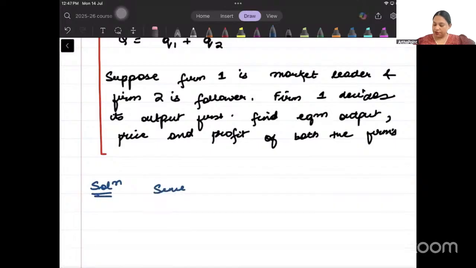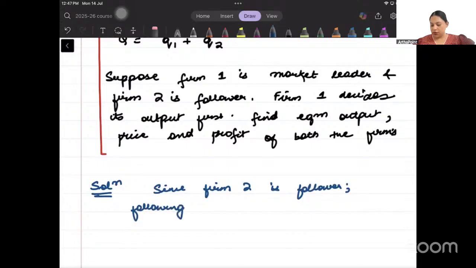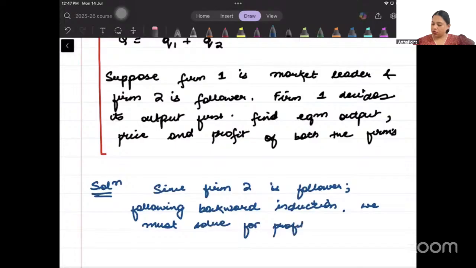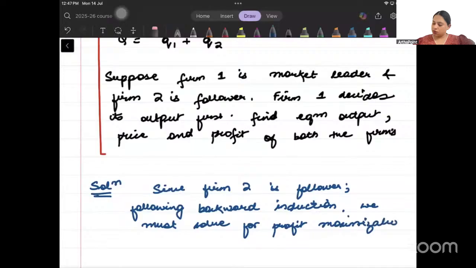Since firm 2 is follower, following backward induction, we must solve for profit maximization of firm 2 first.